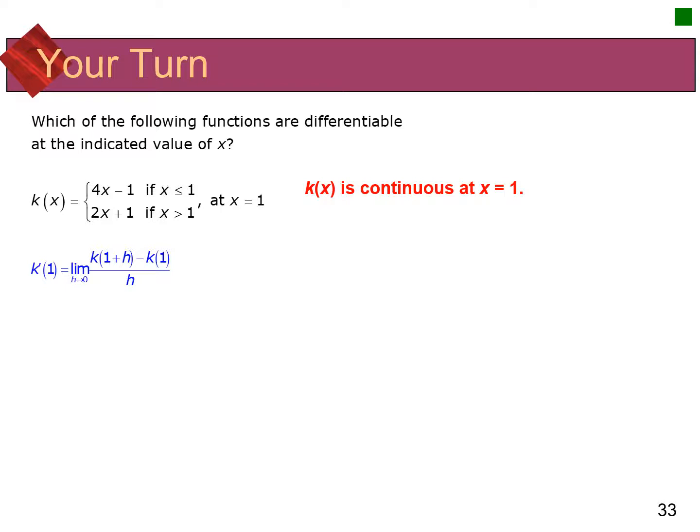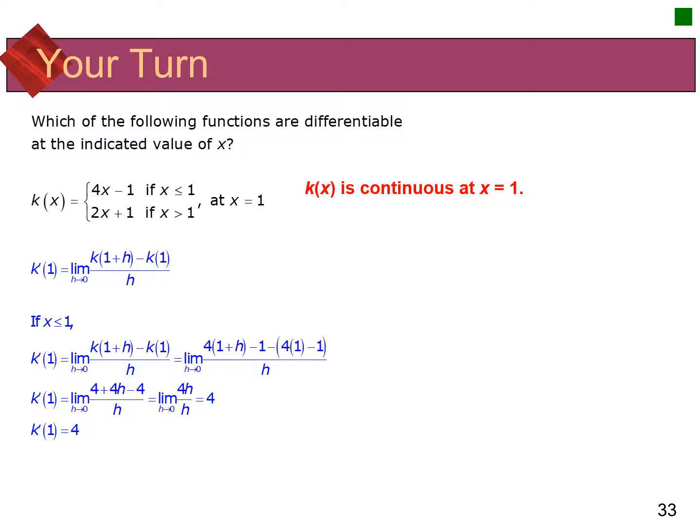If I'm looking at x values that are more than 1, I'm going to be using the bottom formula. Since 1 is still a point of contention in how I would calculate, the two pieces do in fact meet up at x equals 1 at the y value of 3. But I have to see what the slopes are doing on the left and right-hand side now. So I'm going to test this out for when x is less than or equal to 1.